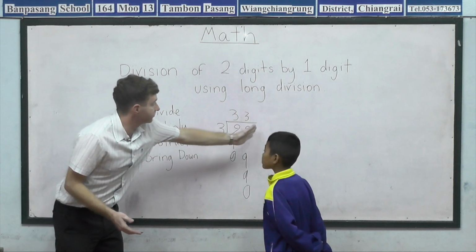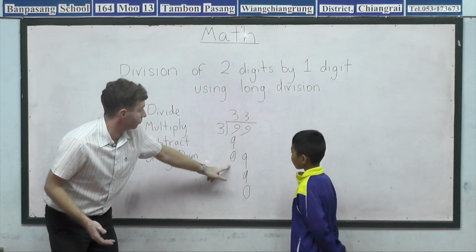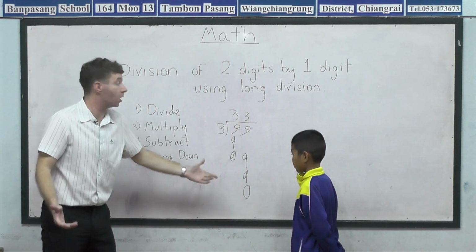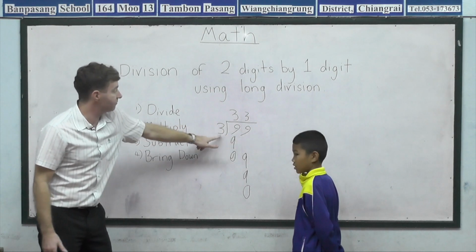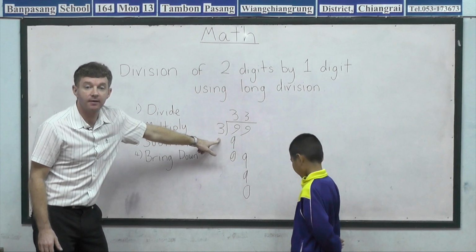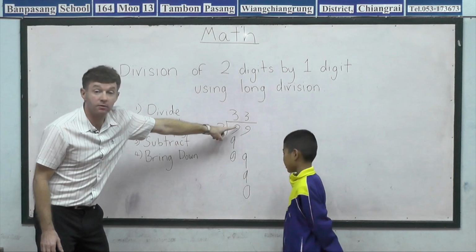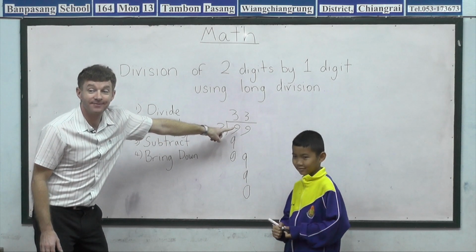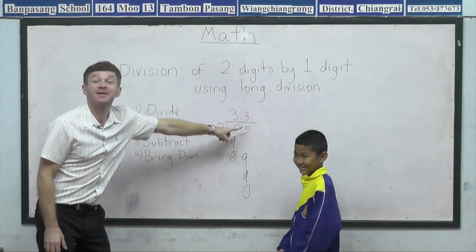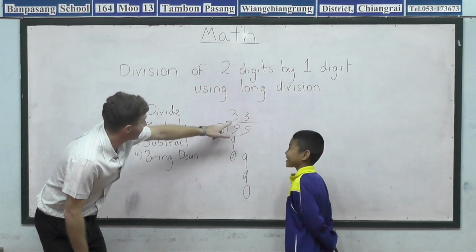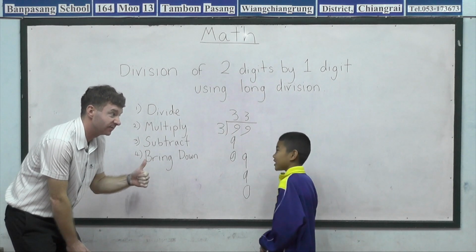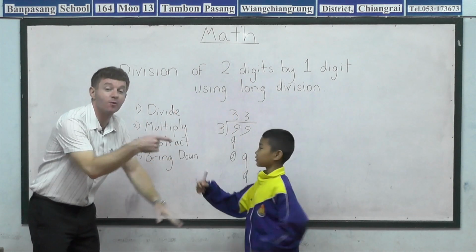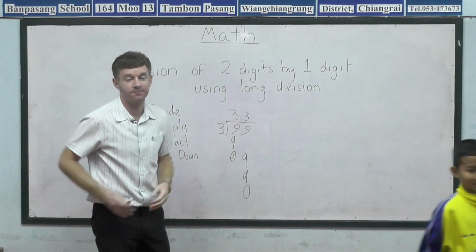That's the end. There's no more numbers to bring down. So we've got our zeros. So we know 99 divided by 3 equals, what does it equal? 33. Is that right? Yeah. Are you sure? Really sure? High five. Round of applause for Bangpon for doing a great job.